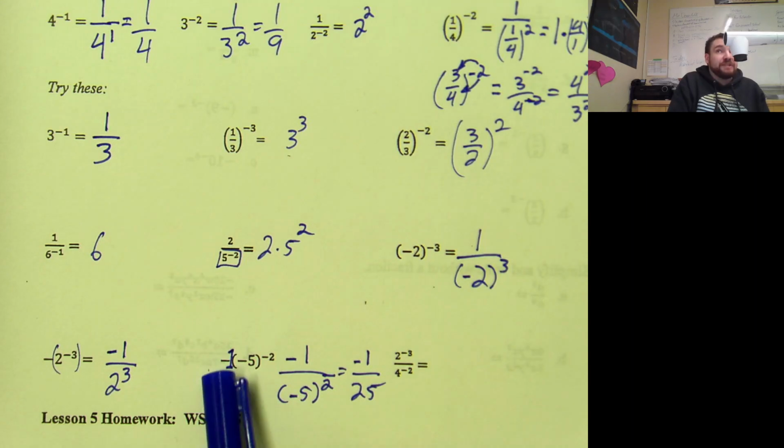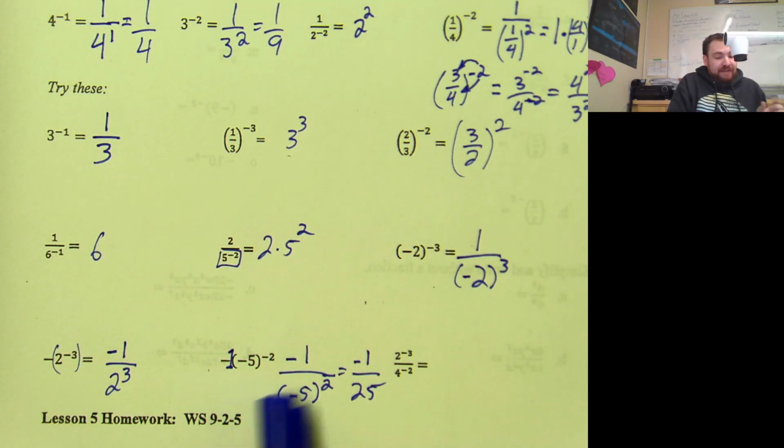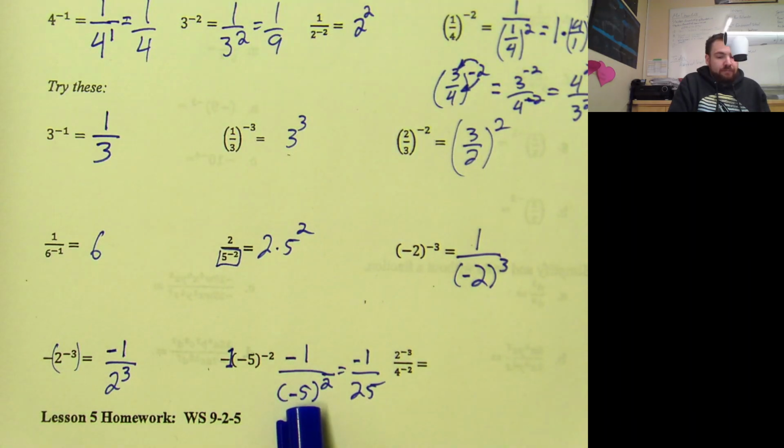That's what this means. You just ignore it because it doesn't do anything? I am ignoring it because the exponent isn't applicable to it. Because there are brackets here, the exponent is just on the negative 5. So I leave the negative 1 in the numerator, and I drop my negative 5 to the negative 2 to the denominator. Right, you flip it. Yeah.